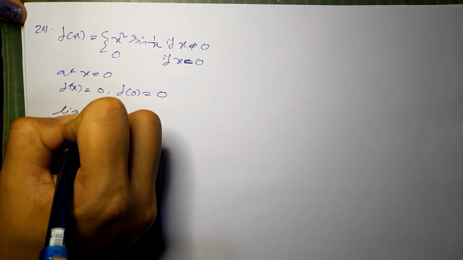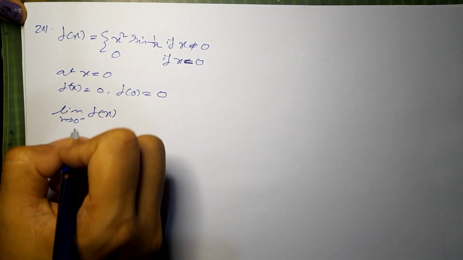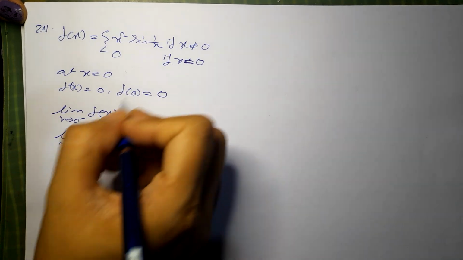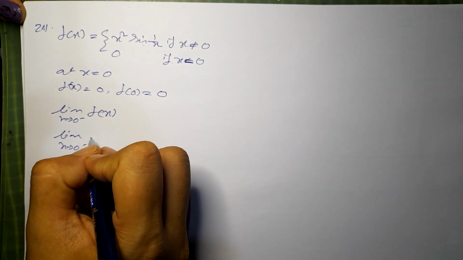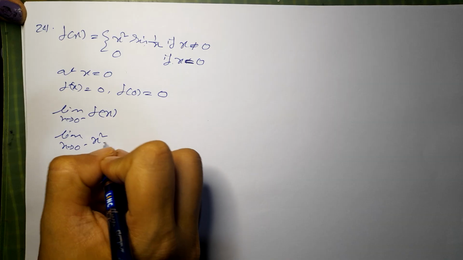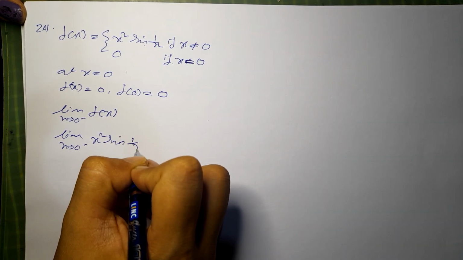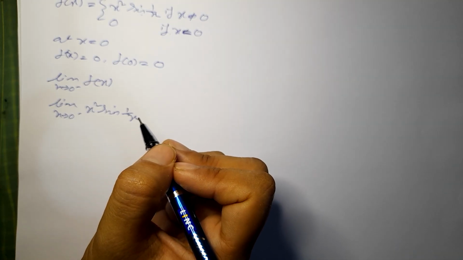Left hand limit: limit x tends to 0 minus f of x, which is less than 0. So whenever x is not equal to 0, this will be the function x square sin 1 by x.